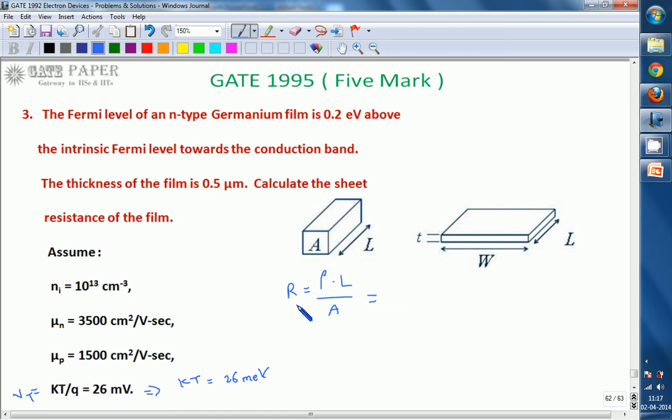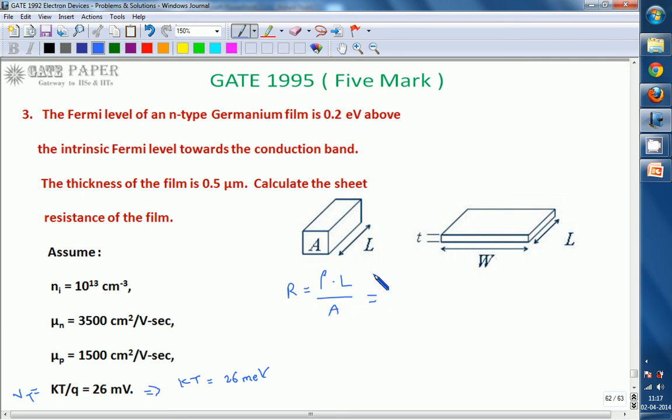The area of the bar can be seen like this in the three-dimensional view. This is L, and the area can be represented as width into thickness.